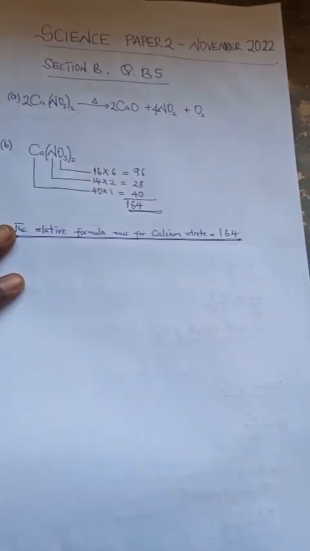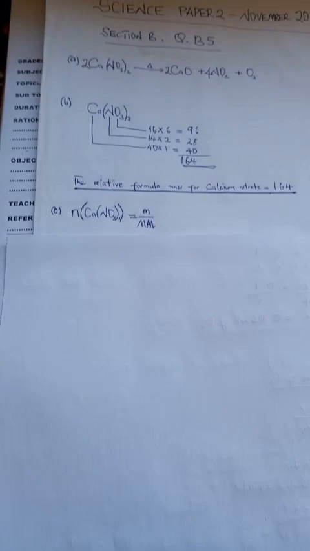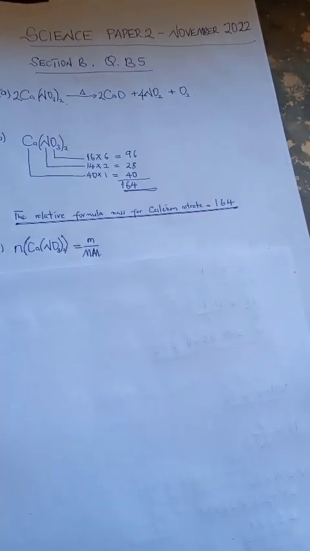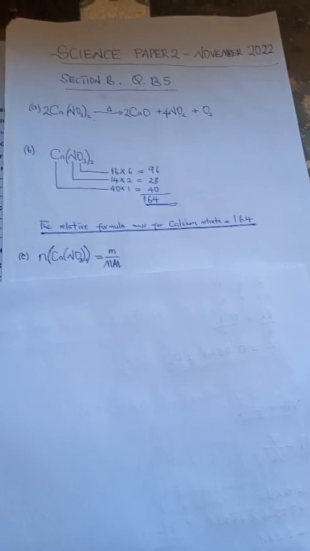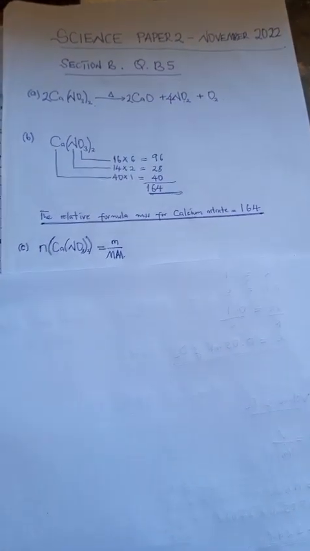Now, on this one, for us to find the volume of oxygen at room temperature and pressure, we need first to start with the what? With the number of moles of calcium nitrate.